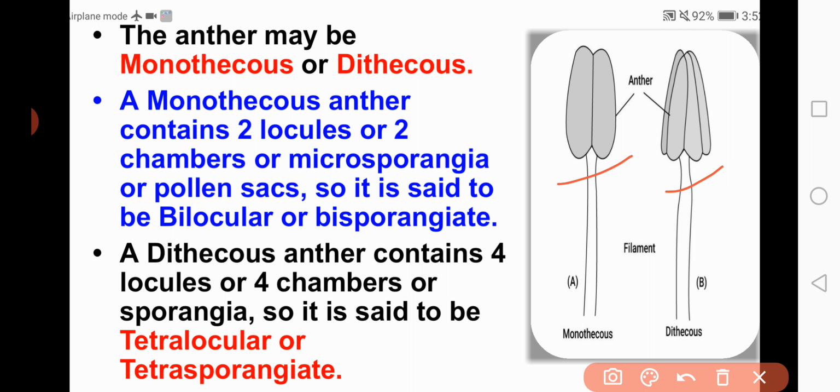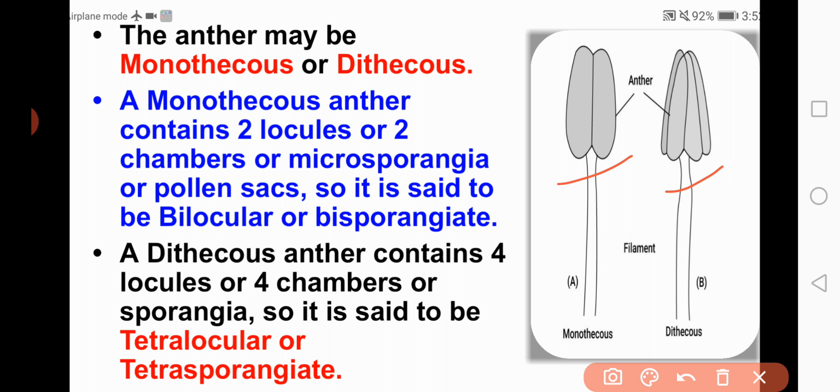When we take the TS of an anther lobe, we can observe two chambers in each lobe.